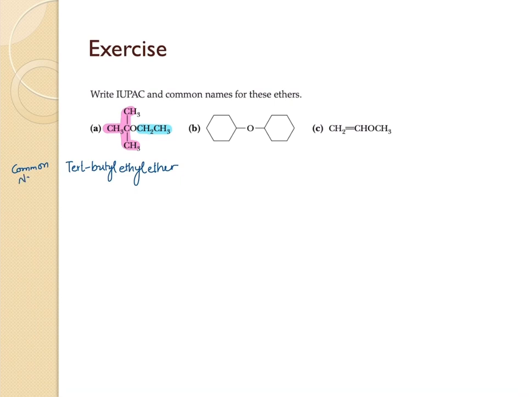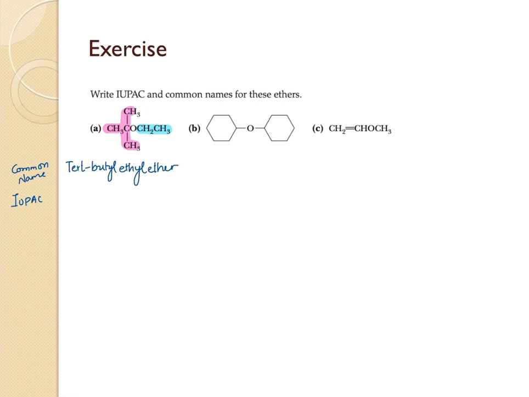And for the IUPAC name, we are going to find the longest carbon-carbon chain. So let's take a look into here. We have an ethyl group which has 2 carbons, but here this is considered as a propyl group, or propane molecule, which has got 3 carbons. So obviously this is going to be our parent chain.